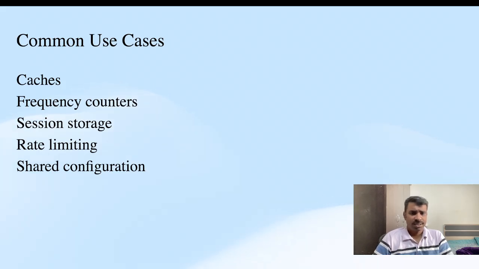Its common use cases are caches, frequency counters, session storage, rate limiting and shared configuration. These are all common use cases of ConcurrentHashMap.